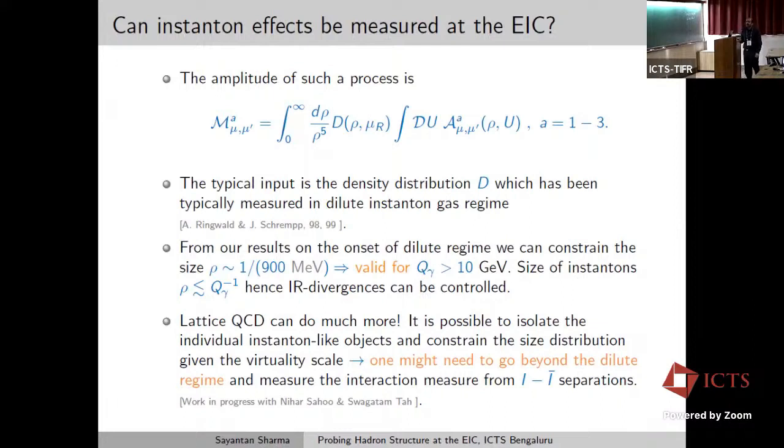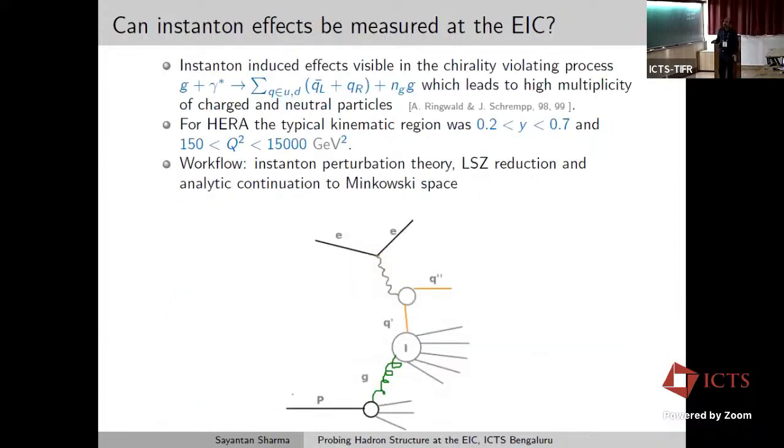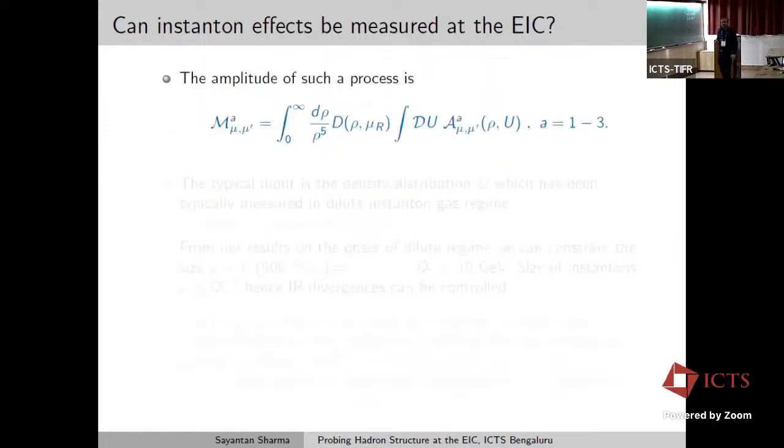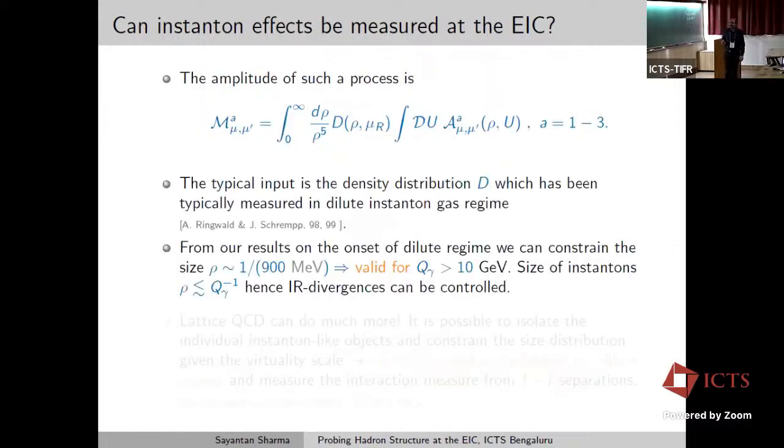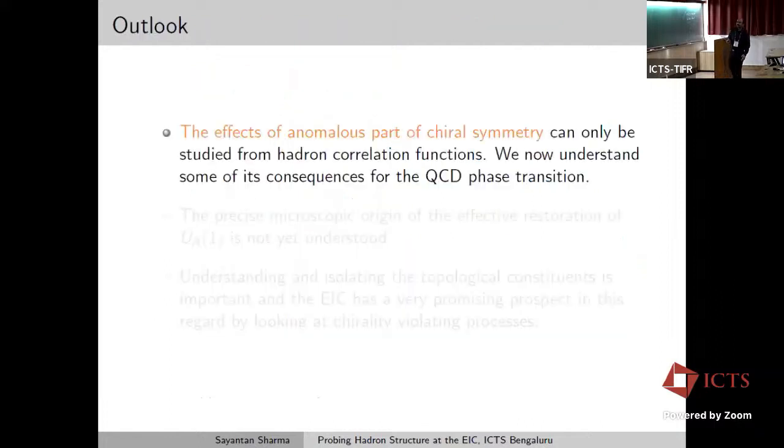So actually we think that if such kind of processes can be looked at in HERA, in the upcoming EIC, it will be interesting. In HERA, it couldn't be looked for because there were no signals available for these kind of processes. But since EIC is a high luminosity device, maybe there is some prospect to look at these processes in EIC. And from the lattice side, we can give some input on these processes.